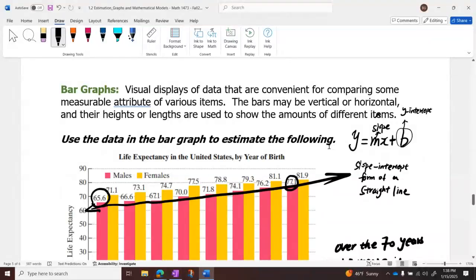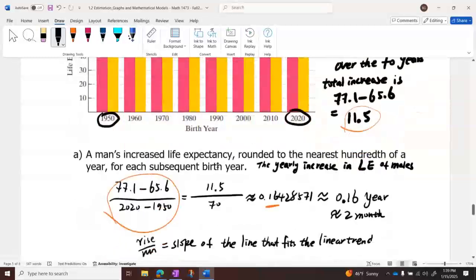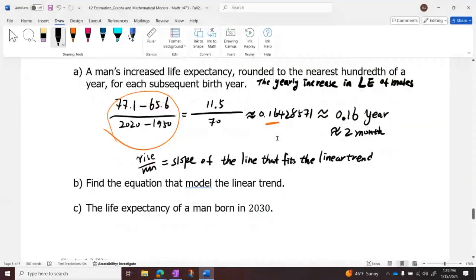Let me make this simple for you. For part B, in order to find the equation of the line that fits the linear trend, we need to find the value of m and the value of b, right? Okay, this is how we do it. The value of m is the answer from part A. M here is the slope, rise over run, right?